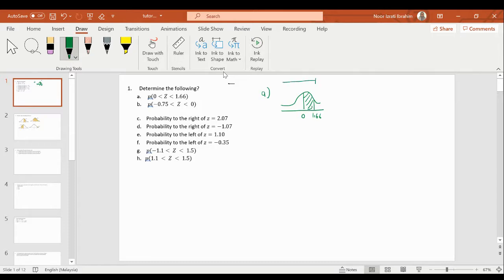Then it will be from 1.66 to the left minus from 0 to the left, which is probability when Z less than 1.66 minus probability when Z less than 0.00. From the table, the probability value is 0.9515 minus 0.5000. That will give the answer as 0.4515.